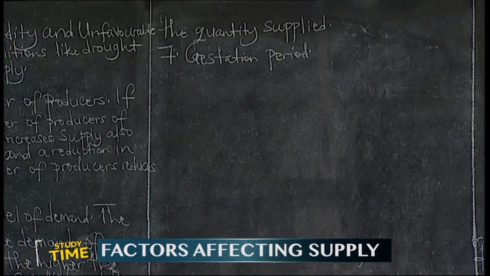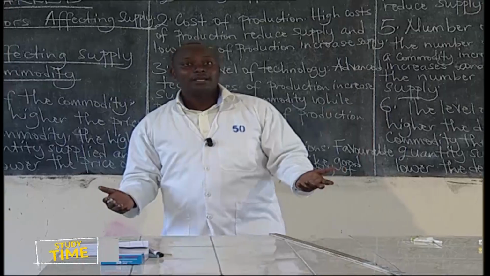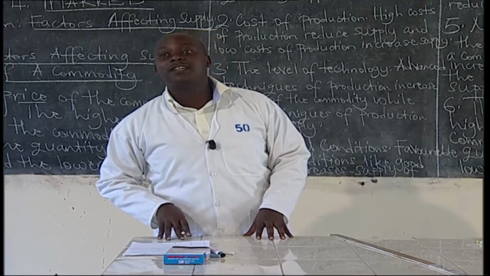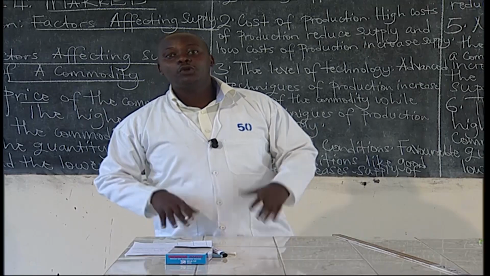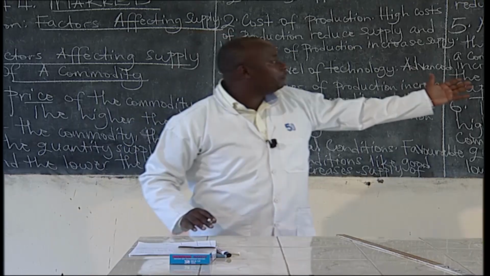Take an example. If you grow maize and it matures in 3 months, you will supply more compared to coffee which takes 5 years. Because when you grow coffee and it takes 5 years to mature, you will produce less. That is the gestation period.